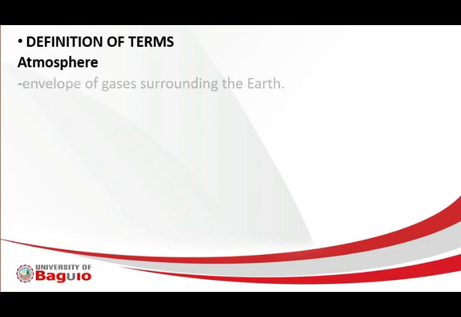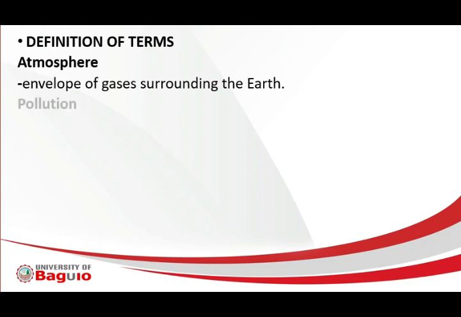This is our foundation for the discussion of this lesson. First, let us define what the atmosphere is. The atmosphere is defined as the envelope of gases surrounding the Earth, though we are more familiar with the term shield or protection of our planet. But in scientific definition, this is an envelope of gases surrounding the Earth.